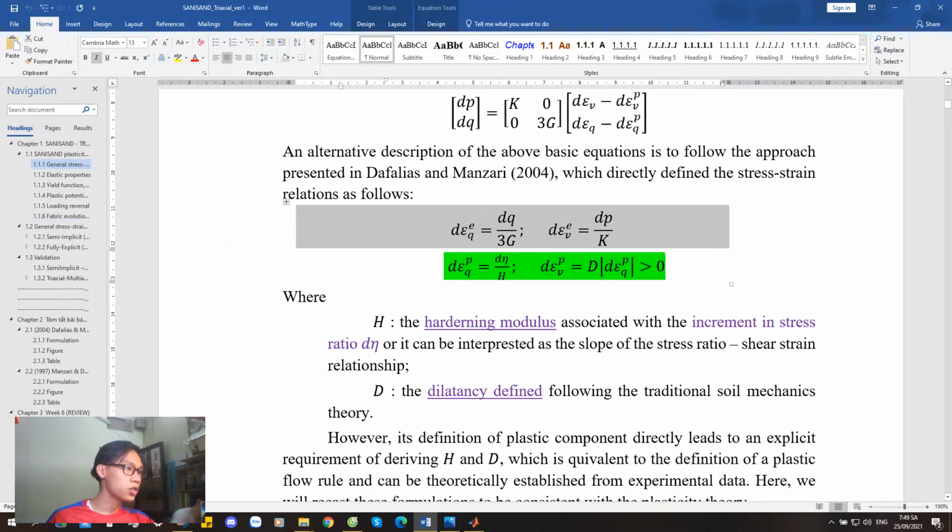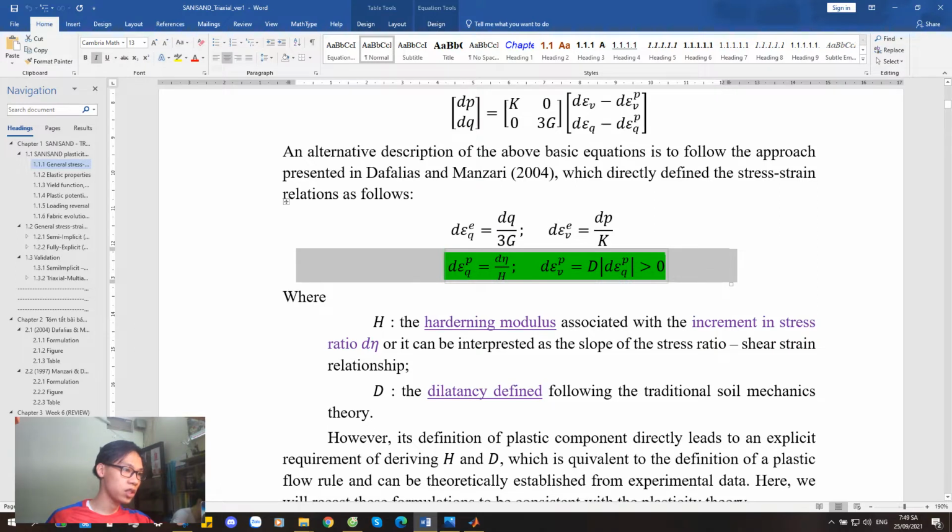So, as you may know, we have dε_v^e is dp over K, and dε_q^e is dq over 3G. And we have the dilatancy rule: D equals dε_v^p over dε_q^p.